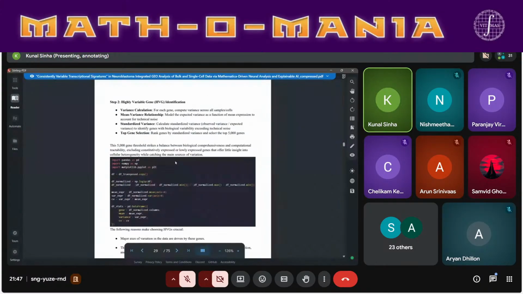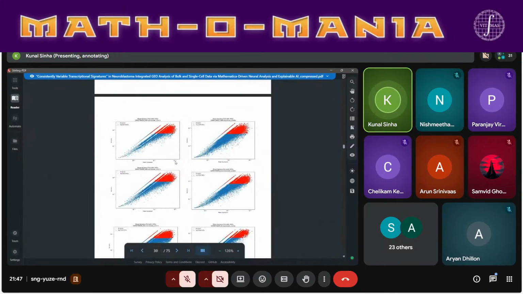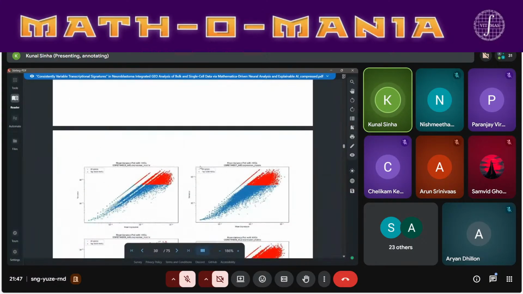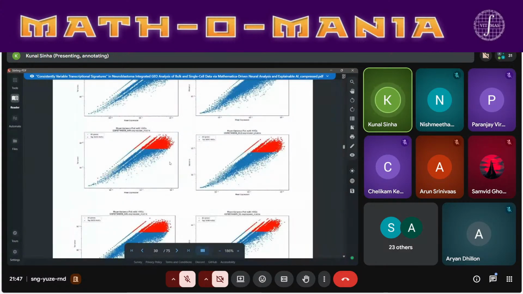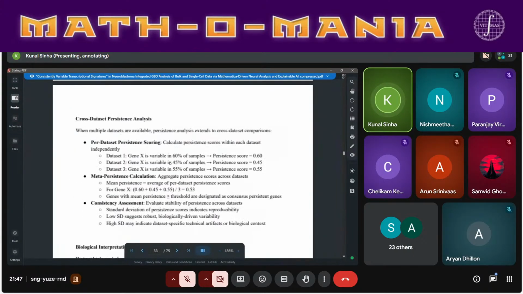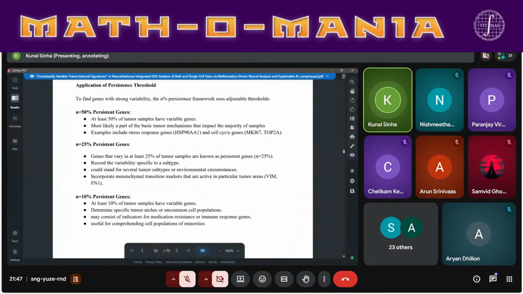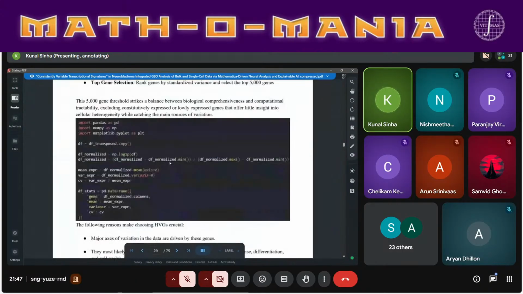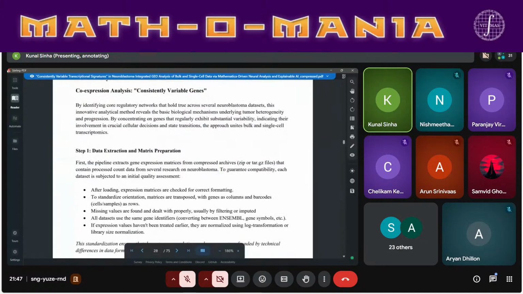So what is the purpose behind a consistently variable gene? Basically, we took about 100 different cancer patients, and we took their samples, and we made the plots for them. We studied them, and we got certain outputs. So firstly, consistent variability. What exactly does that mean?